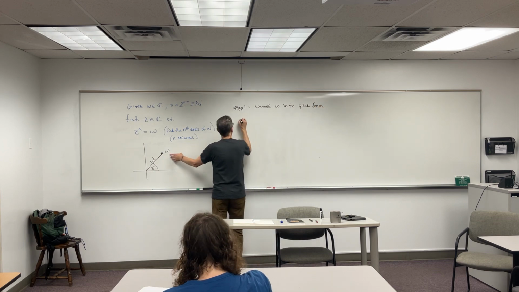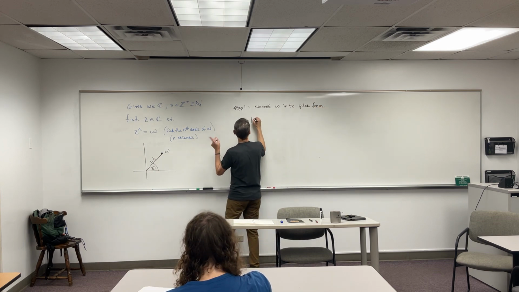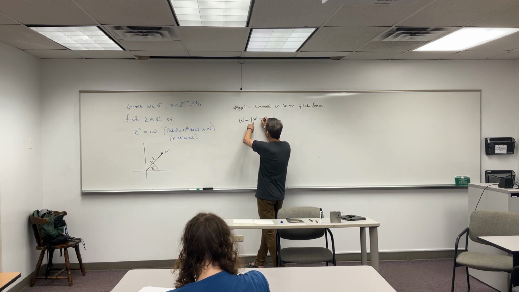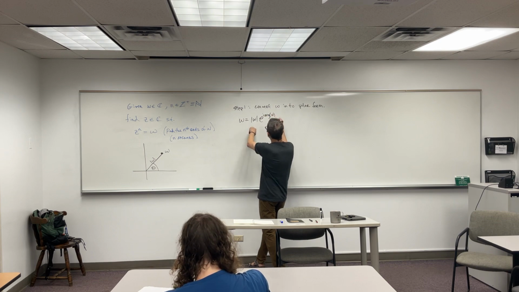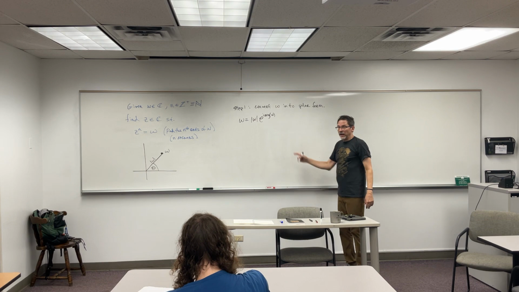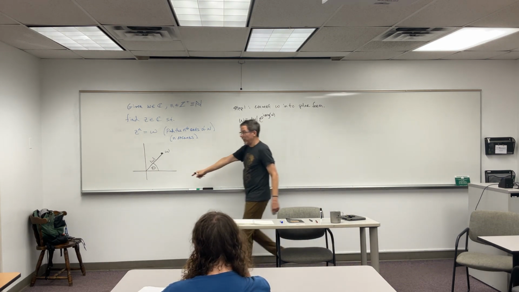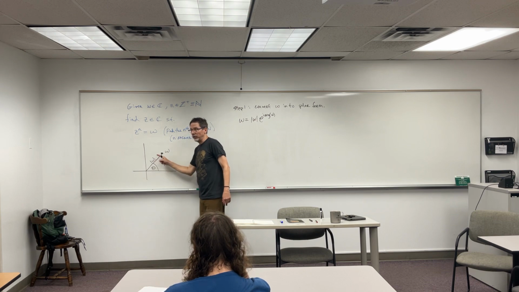So W, let's write it using notation and fancy language, is its modulus times e to the i, and then up here, the argument of W. Any angle that describes that angle will work. This looks like 45 degrees or pi over 4, so I could use pi over 4.